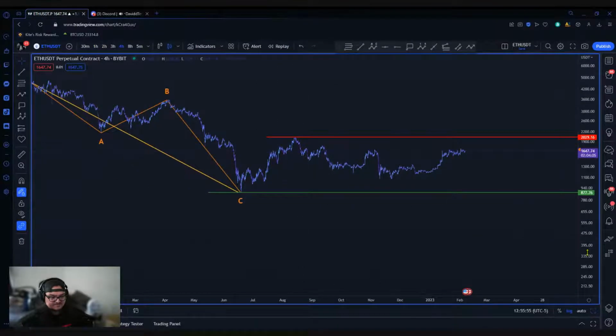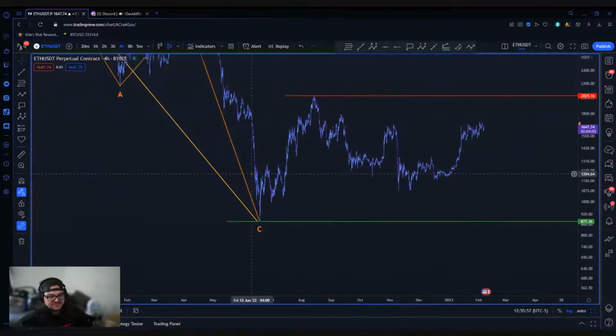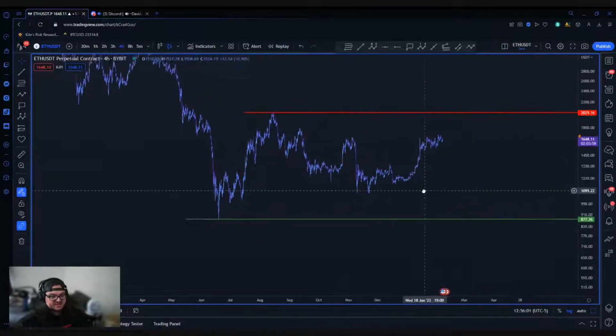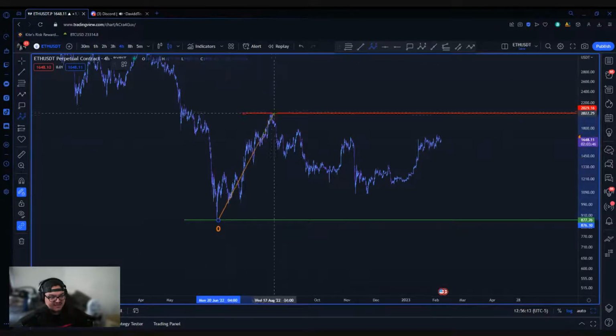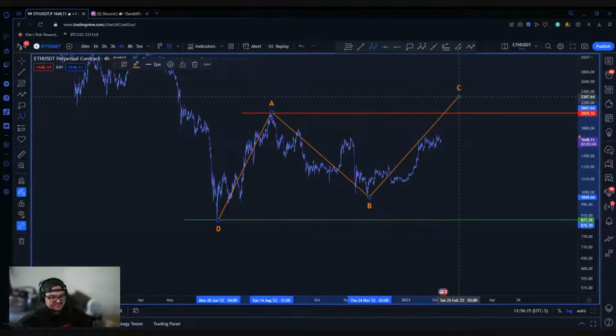Keeping that in mind, usually when I do these larger macro time frame analyses, I will keep pivots up. In this case, this green line represents the bottom of the larger ABC that I drew, and this red line represents the pivot of the macro A from this ABC.